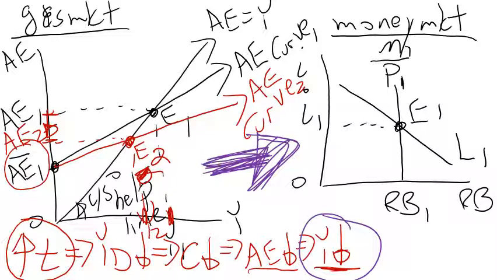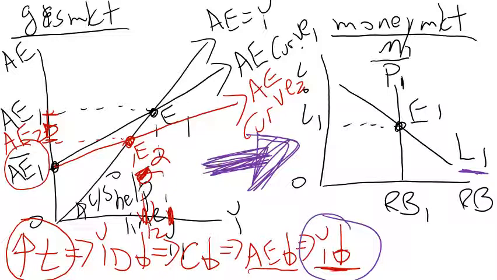Well, L1 or L, money demand. You remember the equation, right? L is equal to KY minus HI. So Y is part of the money demand function, and it's positively linked to money demand, right? So if Y decreases, money demand will also decrease.